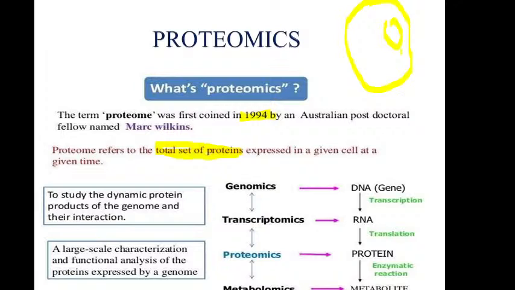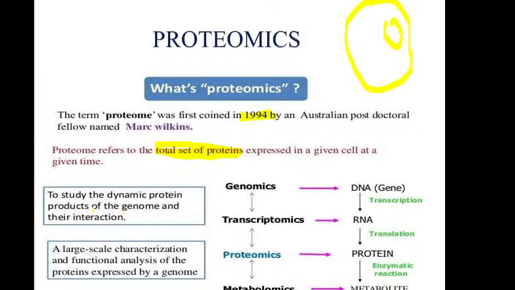That means at a given time, suppose it is a stage of reproduction or some other activity, the total set of proteins which are expressing themselves is known as the proteome.